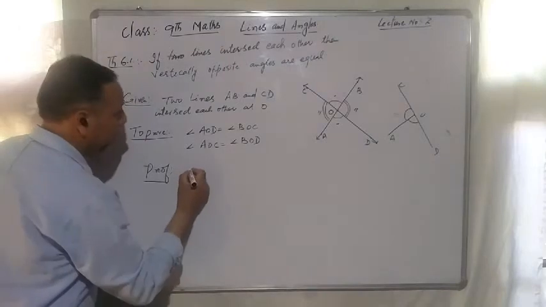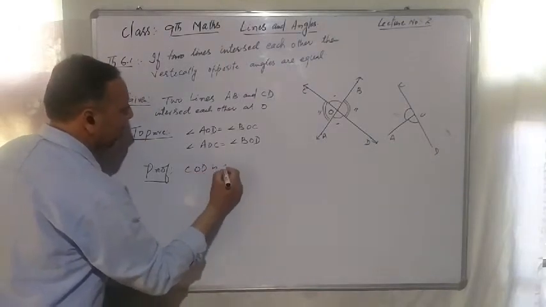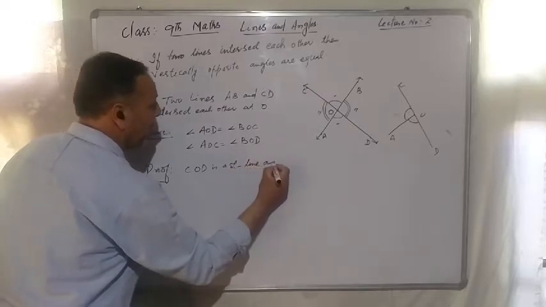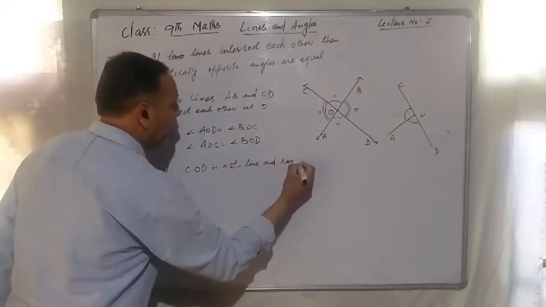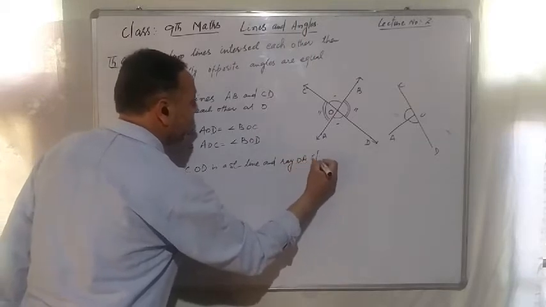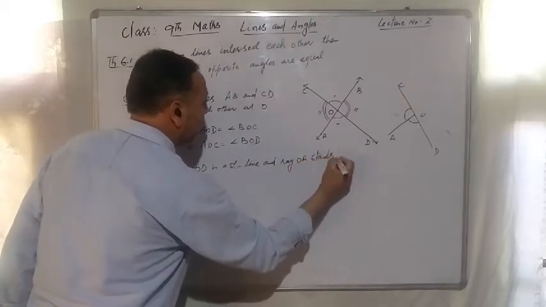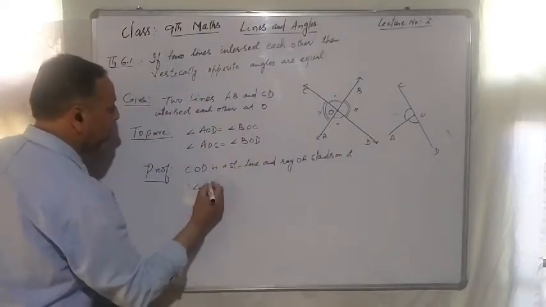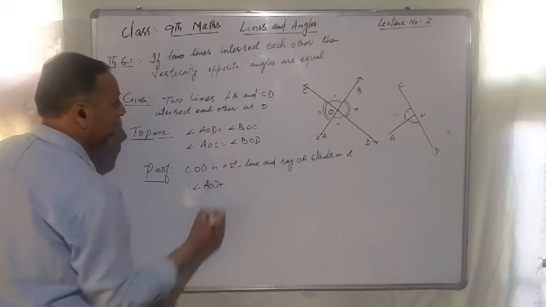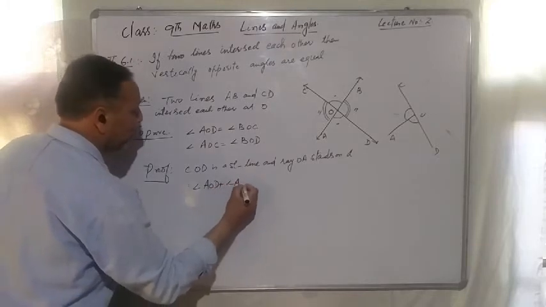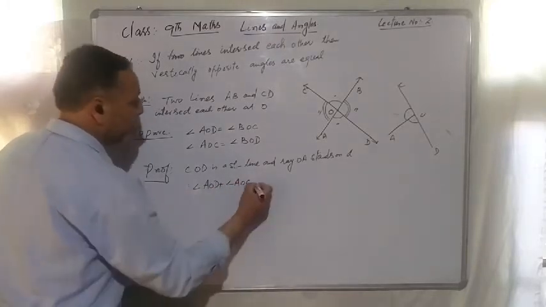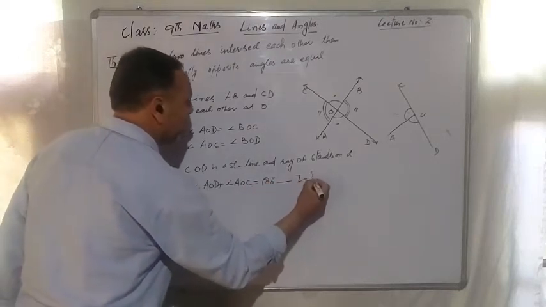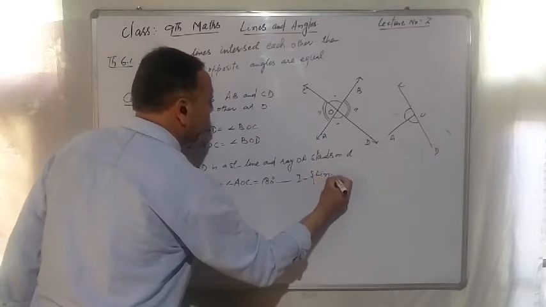Now COD is a straight line and ray OA stands on it. Therefore, angle AOD plus angle AOC is equal to 180 degrees. You keep this as equation first, because these are a linear pair of angles.